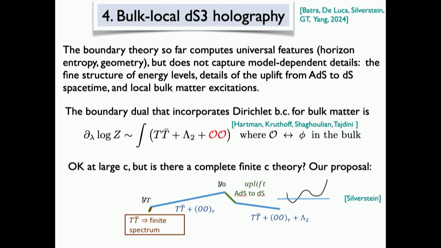And then since we are also including matter, this uplift that so far was done by hand, where I was just turning lambda2 by hand, will be resolved microscopically by the fields in the string landscape that connect AdS to dS, okay? How this works out was explored in detail in a paper by Silverstein, okay? And so after we have changed the field from its AdS minimum to the dS minimum, this just continues with this lambda2 trajectory that I described before, okay?